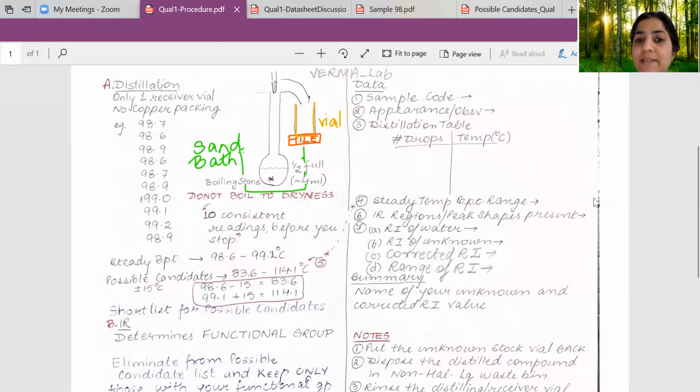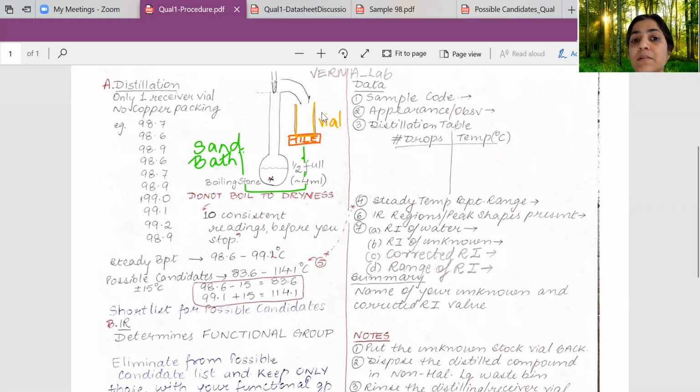As soon as you get your sample, write the sample code and the appearance of that material in your notebook. You will then start to heat up your liquid, which is about 4 ml, in the sand bath. Always remember to keep a tile between the sand bath and the collecting vial.